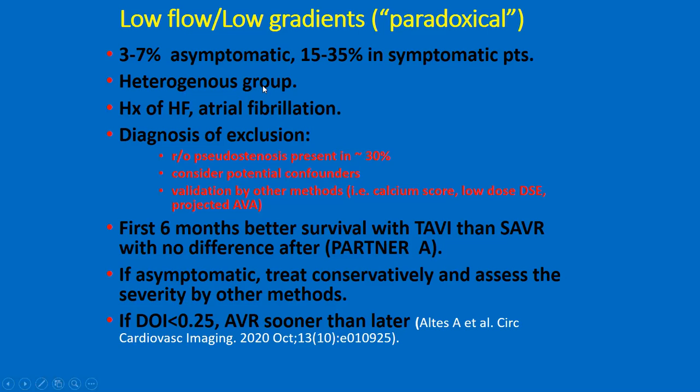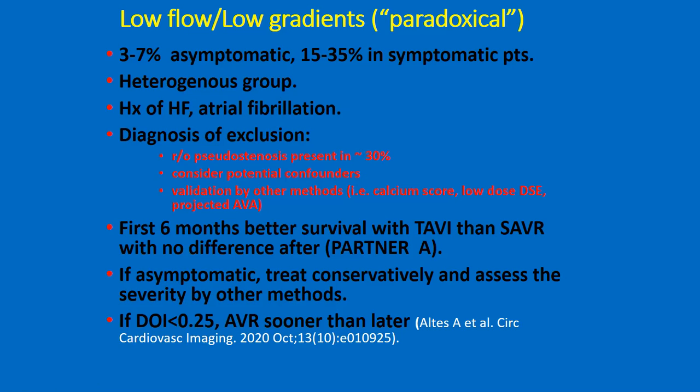It's a heterogeneous group. Many patients have a history of heart failure and atrial fibrillation. This is a diagnosis of exclusion. We have to rule out pseudostenosis with low-dose dobutamine echocardiography or other methods. Potential confounders should be taken into consideration, like significant mitral or tricuspid regurgitation.